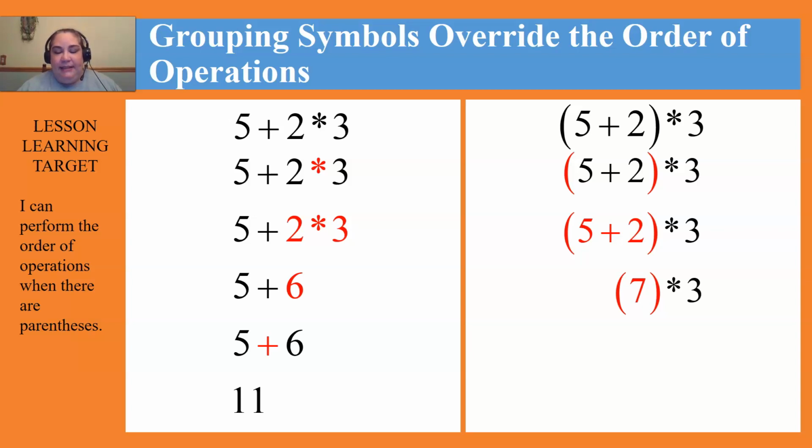Now at this point, since there is nothing to do inside my parentheses, and I already have that multiplication symbol, those parentheses are no longer needed as a grouping symbol. So I can just get rid of them. And what we're going to be left with is just 7 times 3, which is 21. So here we get two different answers, whether or not we have parentheses.